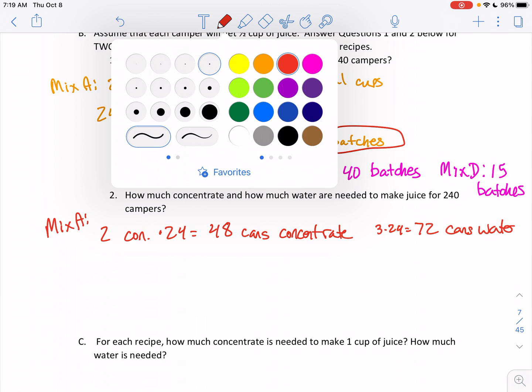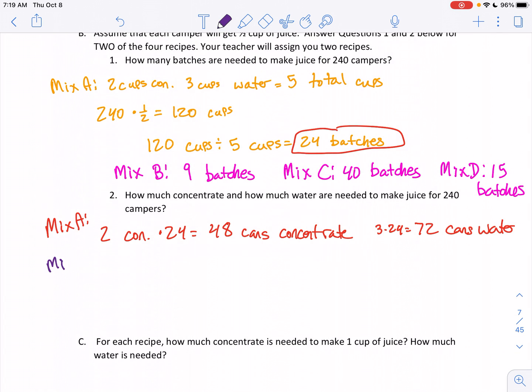Okay, and I'm going to change colors again. Mix B, you would need 45 cups of concentrate, 81 cups water.